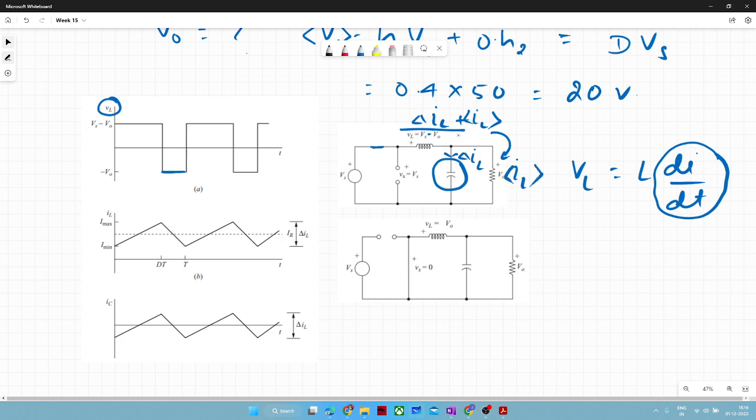So this is the basic idea: the ripple will pass through the capacitor, and the average inductor current will pass through the load. This ripple we considered flowing in the capacitor. And of course the average capacitor current is 0, because all the average value is passing through the load. Okay, fine. I hope there is no issue till this point.